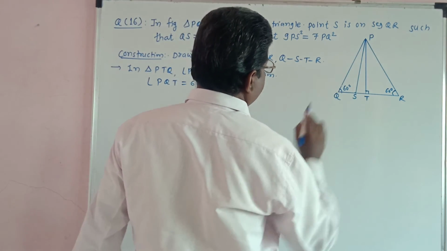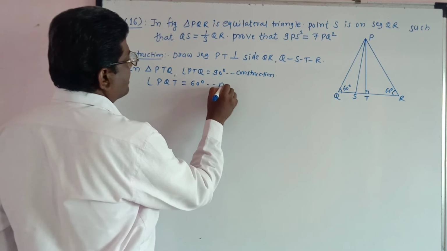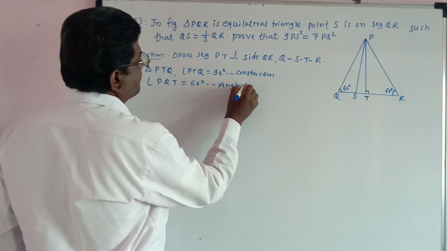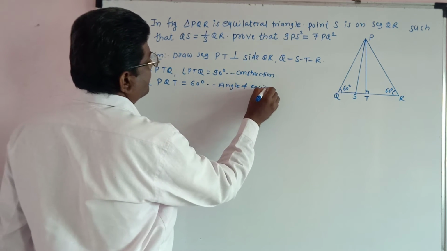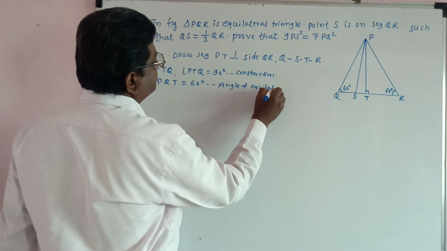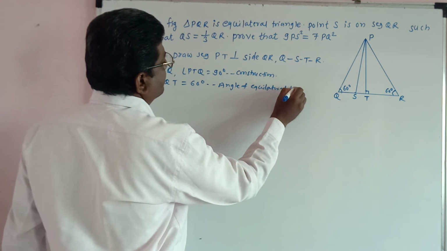Angle PQT is equal to 60 degree, angle of equilateral triangle.